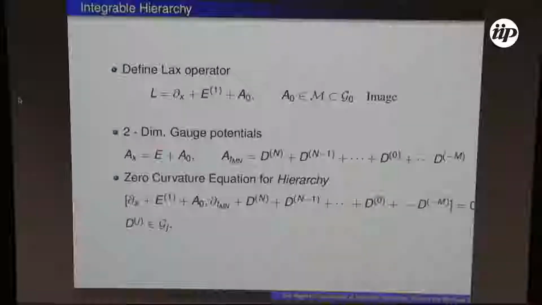And you plug your two-dimensional gauge potential into a zero curvature representation. The zero curvature representation is responsible for generating an infinite number of conserved charges. I don't want to go very much into this, but writing your equation of motion as a zero curvature condition, you automatically have an infinite number of conserved charges.